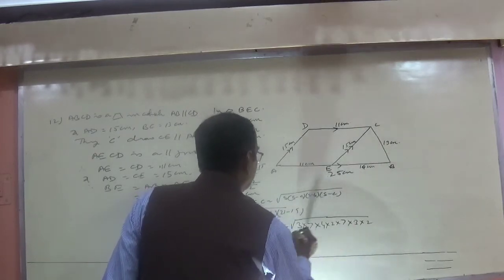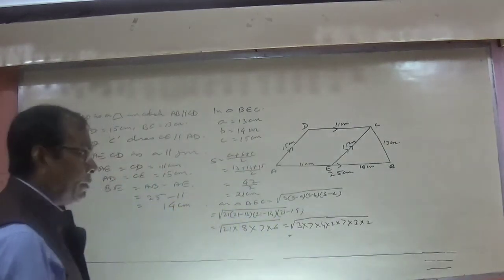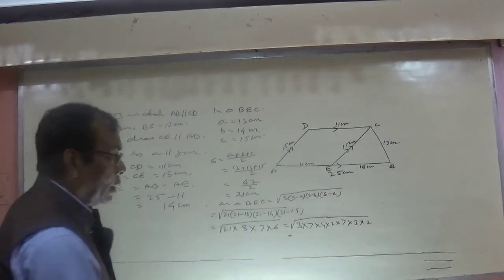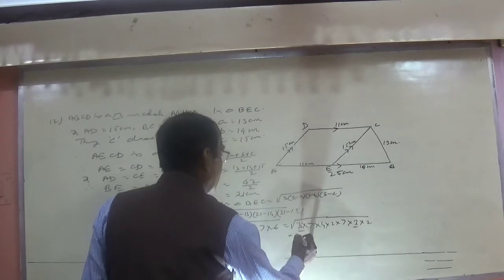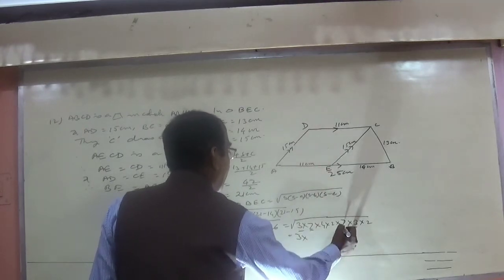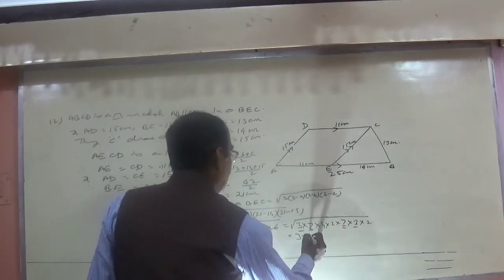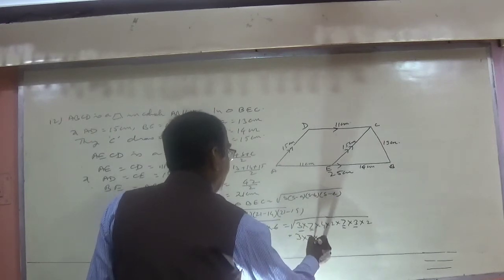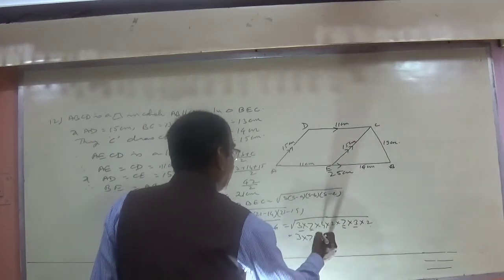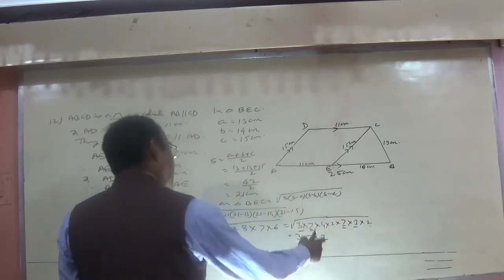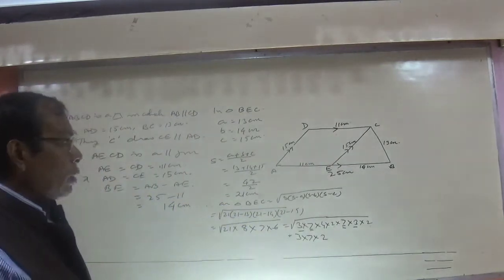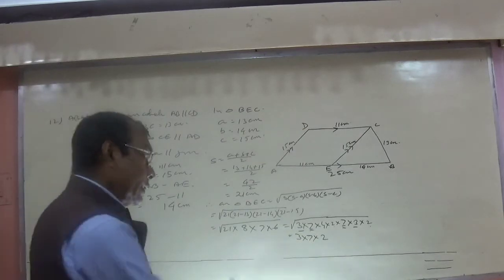I am finding that each of the prime numbers is in a pair. So two 3s, if they come out from the square root sign, a single 3 will come. Two 7s, if they come out from the square root sign, it is a single 7. And two 2s, if they come out, it is a single 2. 4 is not a prime number, but I keep it as it is because it is a perfect square.